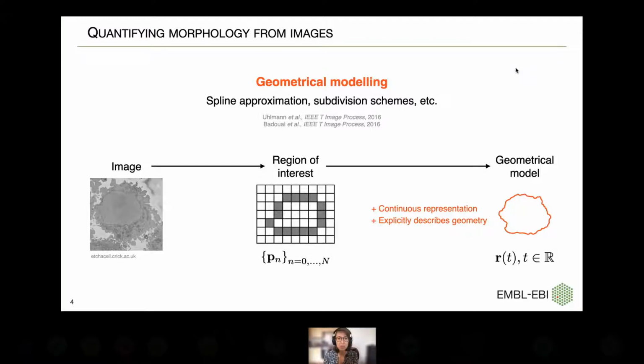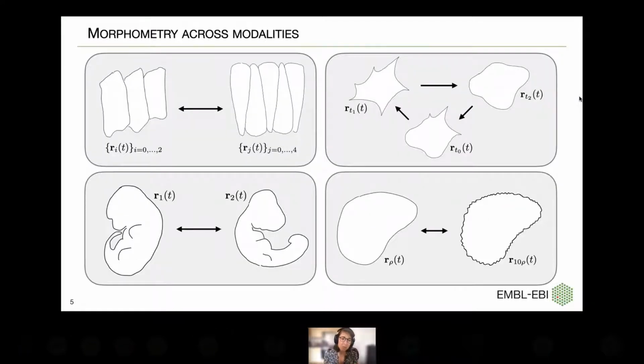So the beauty of geometrical modeling is that it gives us the necessary level of abstraction to consider this problem of quantifying morphology in an extremely general manner. What I mean by this is that we can go back to the images I had on my first slide and now see them as variations on the same theme: I have different geometrical models and I want to quantify how different they are.